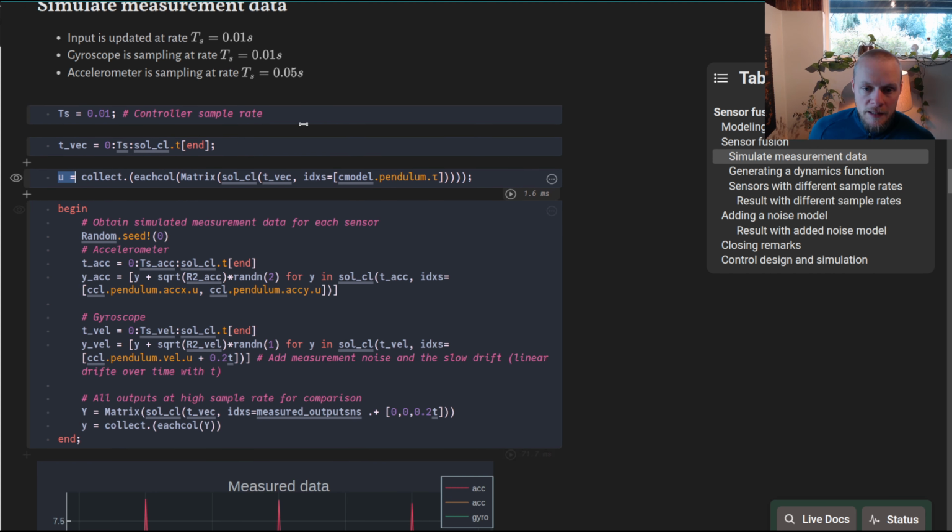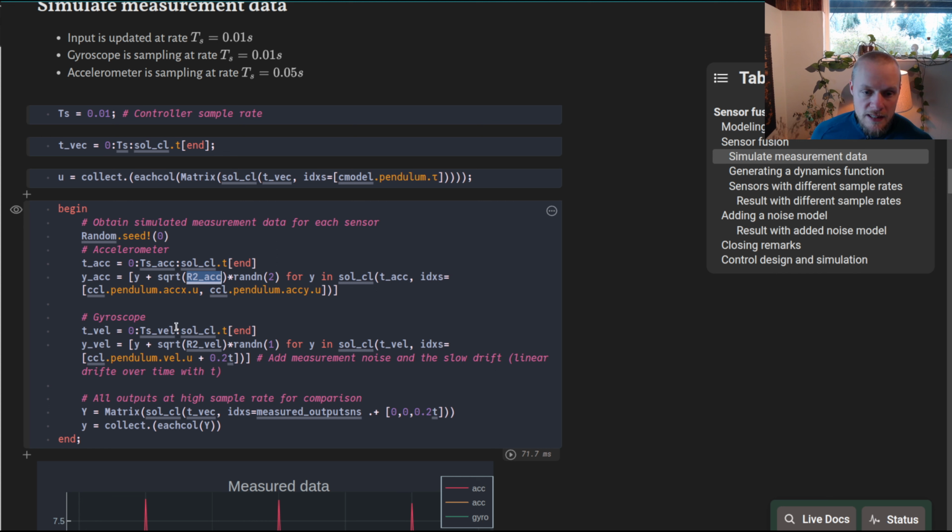And then I will grab the data that corresponds to the sensor readings. So for the accelerometer, I will iterate over the solution object here, and I will grab the accelerometer readings. And then I will add some noise here with the covariance matrix that I have picked somewhere in this notebook. This is the covariance matrix of the accelerometer.